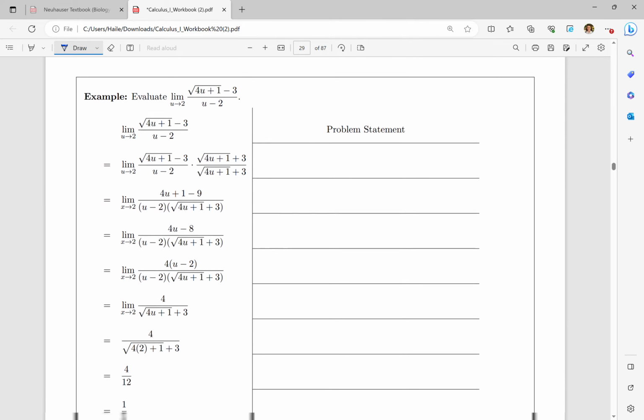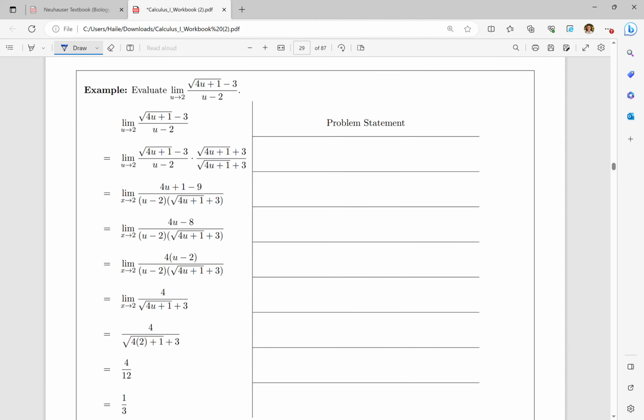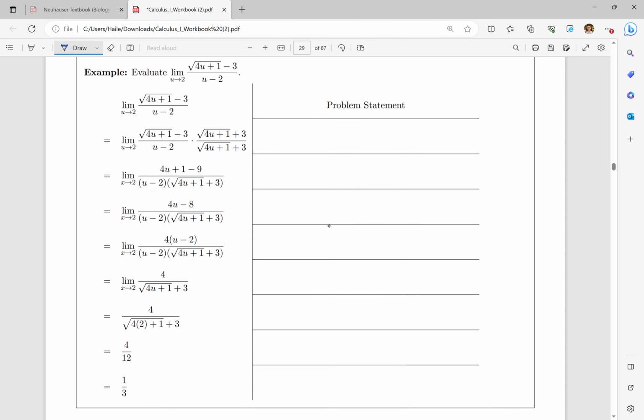So let's take an example. Let's evaluate the limit as u approaches 2 of the square root of 4u plus 1 minus 3 over u minus 2. So once again, we start with our problem statement. Notice I've rewritten the problem in its entirety.